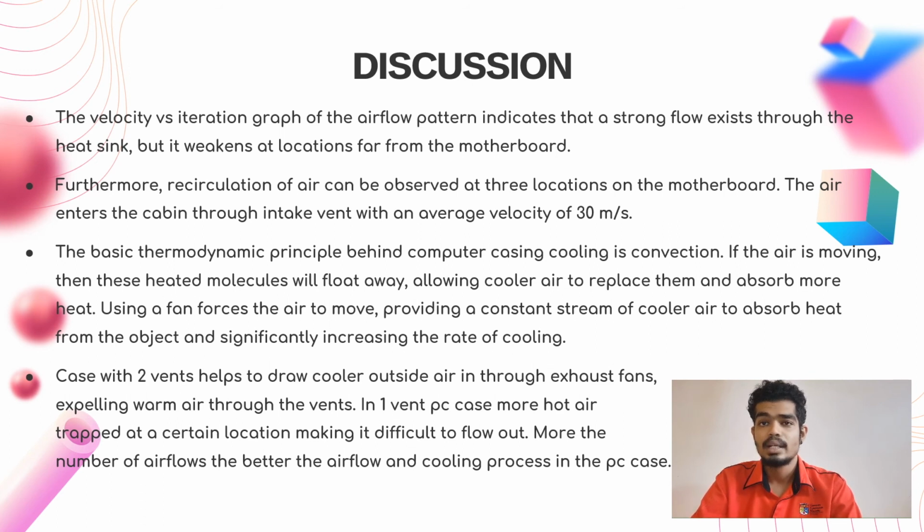A case with two vents helps to draw cooler outside air in through exhaust fans, expelling warm air through the vents. In a one-vent PC case, more hot air is trapped at a certain location, making it difficult to flow out. The velocity drop from inlet to outlet is higher in the one-vent case compared to the two-vent case.